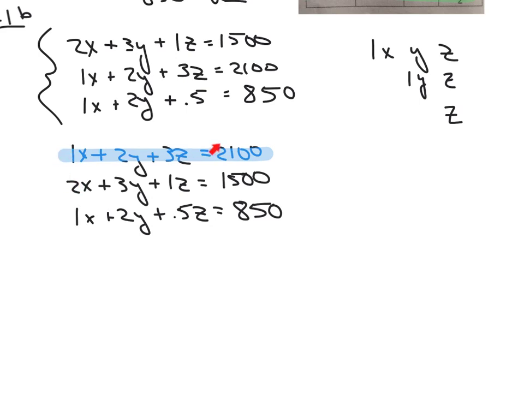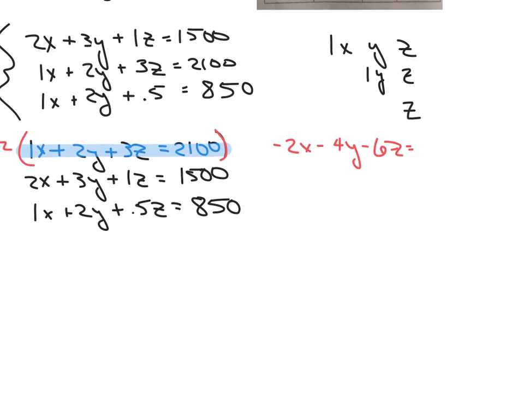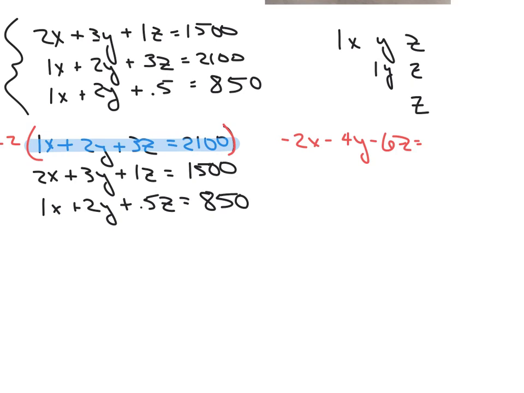So we're going to multiply this whole thing by -2 so that when we add it to that, our x's go away. So I'm just going to put my -2 up here. Let's do it in red. So -2x minus 4y minus 6z equals negative 4,200.